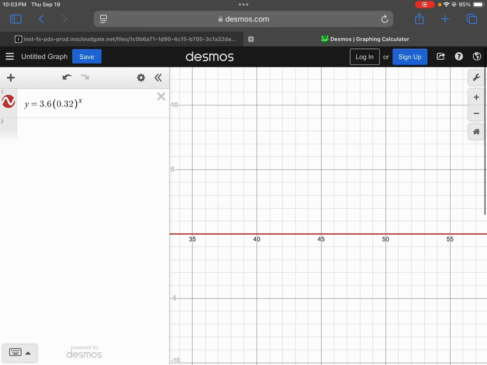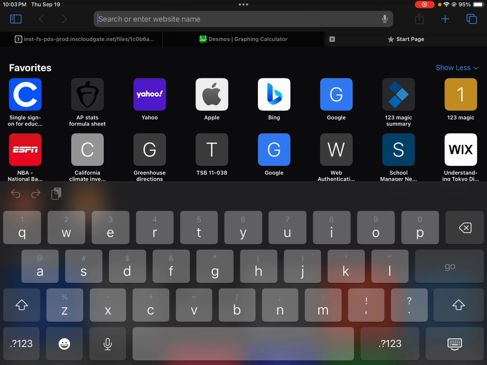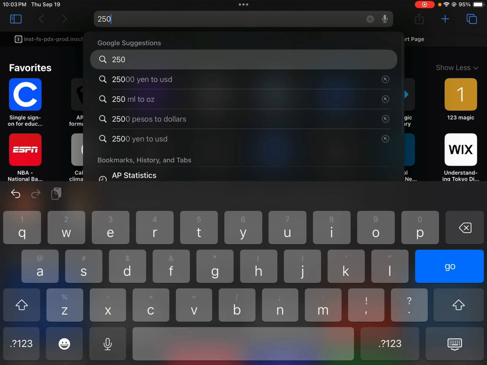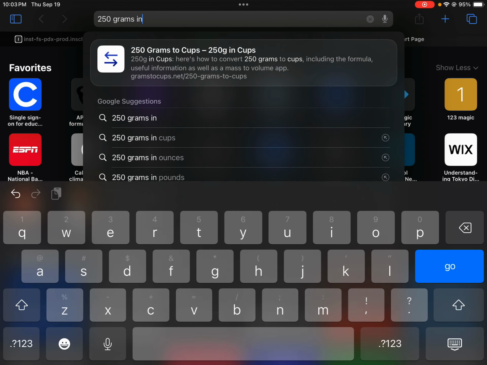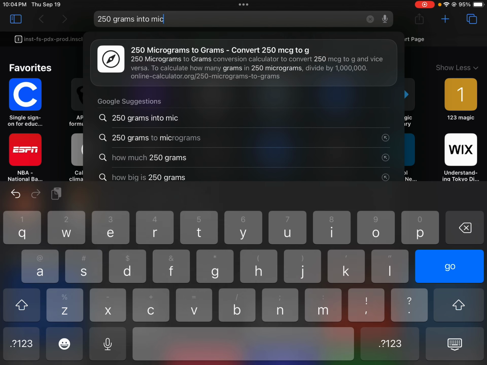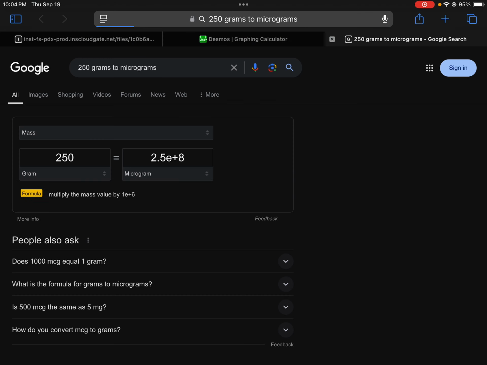I'm just going to Google that. 250 grams into micrograms. Oh, that's such a big number. 2.5 times 10 to the 8th power. So just move the decimal 8 places, or in other words, add 7 zeros.